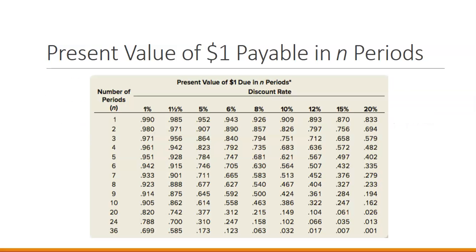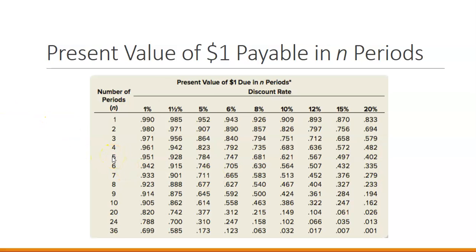You can see an example of this table. So we have the number of periods for the investment. For example, the vending machine investment is a 5-year investment. That's the life of those vending machines. So we would have 5 periods.